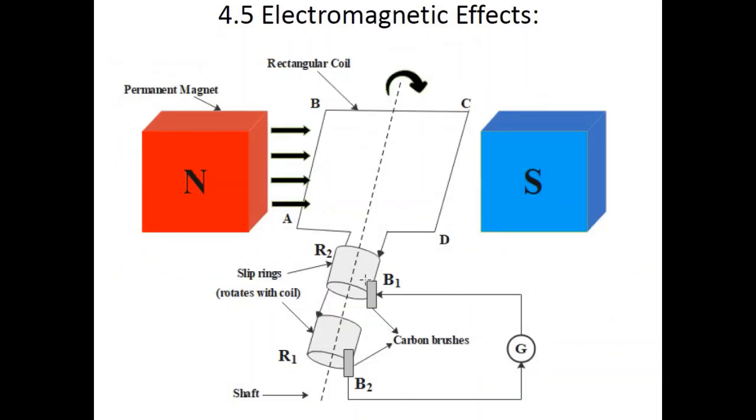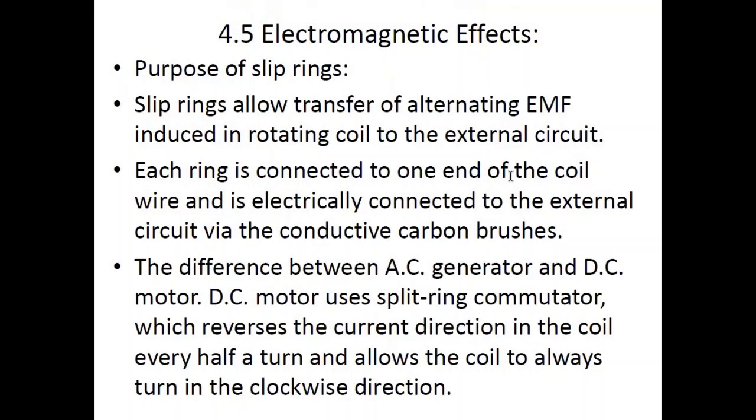As you can see, this end of the coil is connected to this end of the circuit by the use of a carbon brush, and it is connected to this wire CD, whereas this slip ring is connected to this end of the circuit and it is connected to the second wire of this rectangular coil.